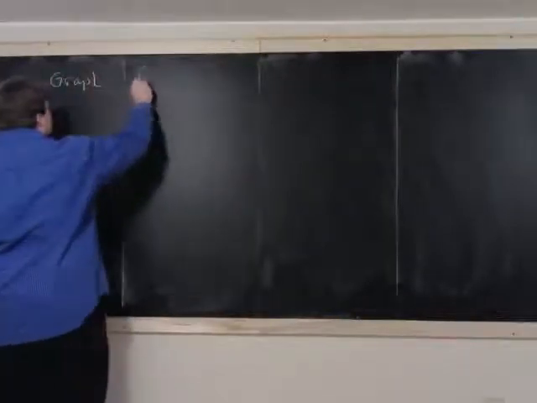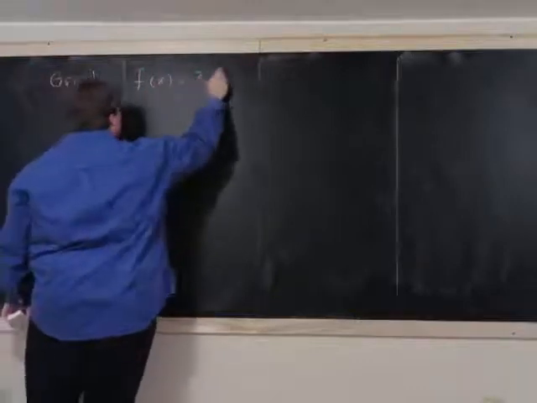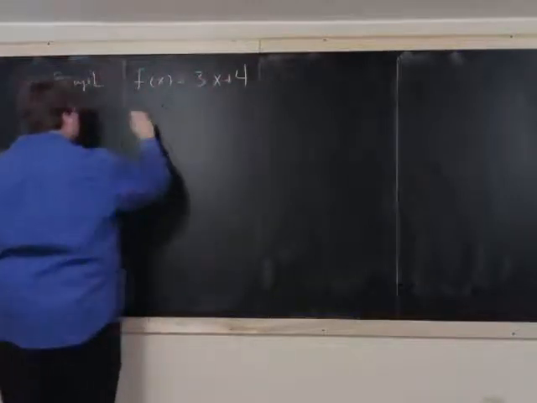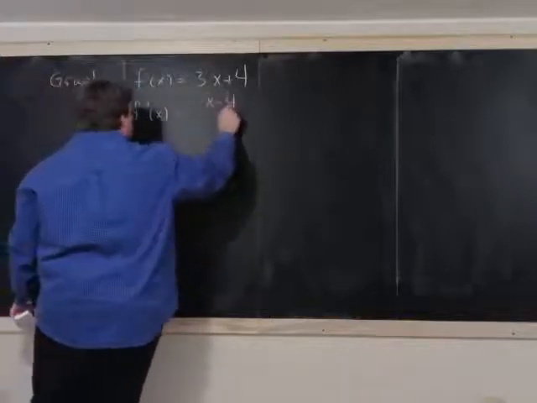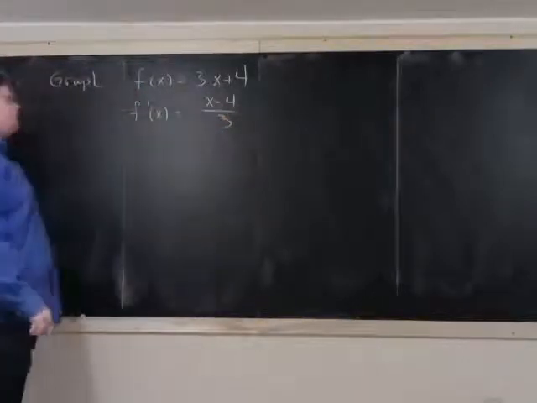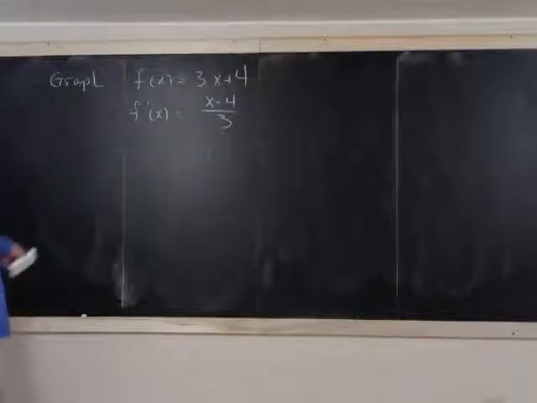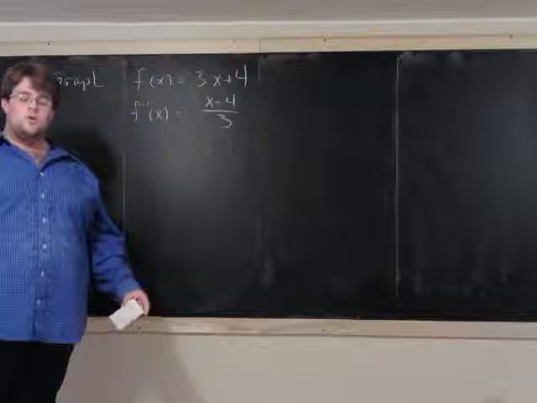So with that same example, graph f of x and its inverse. Now, these are both lines. The first one is more obviously a line in this form because it's in the slope-intercept form.